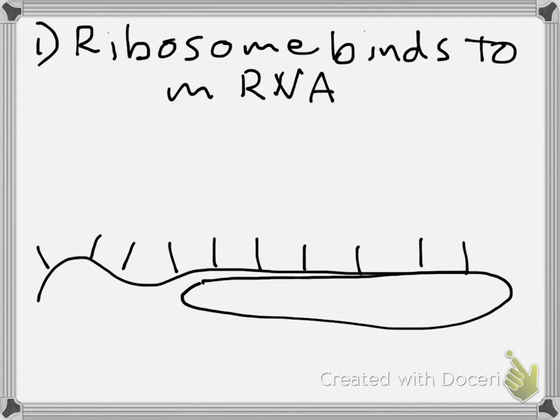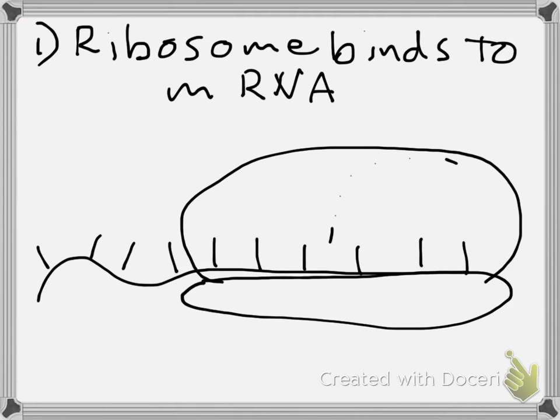Ribosomes have 2 parts, a small subunit, which I've drawn there, and a larger subunit, which I've drawn here. The ribosome has particular areas in it, one here for binding one tRNA, and one here for binding a second tRNA.